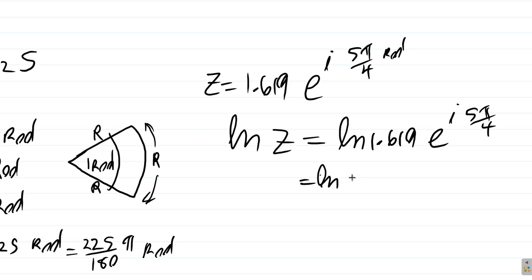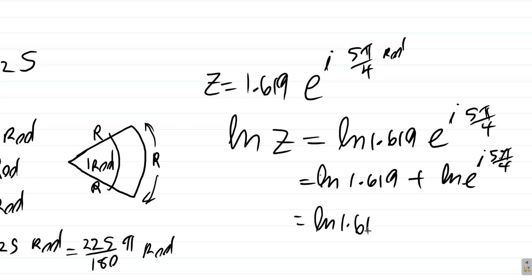So this is ln 1.619 plus ln e to the i 5 pi over 4. Now remember, laws of indices: ln of a number to a power is the same as the power times ln of the number.